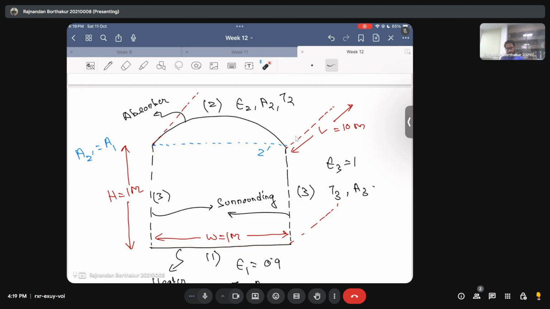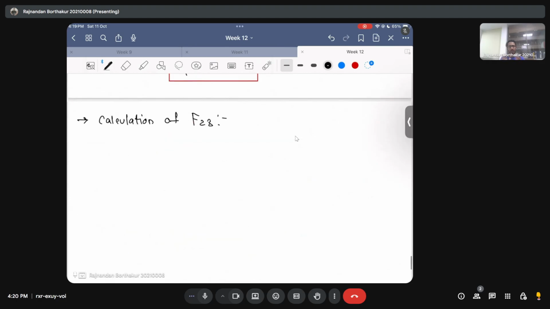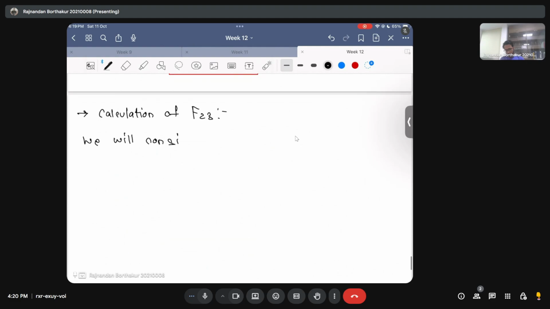Okay, so I'll write it down. The reason why we are doing all these things is because we are interested in calculating this F23. For this we will consider a fictitious surface 2 prime such that the area of 2 prime is just equal to A1, which is the area of the heater.